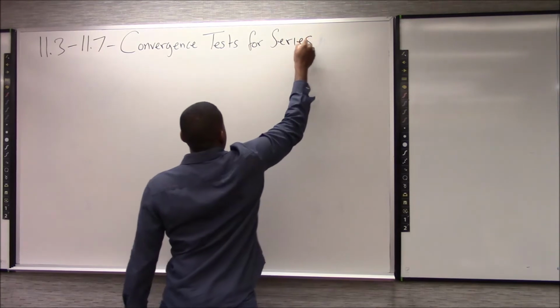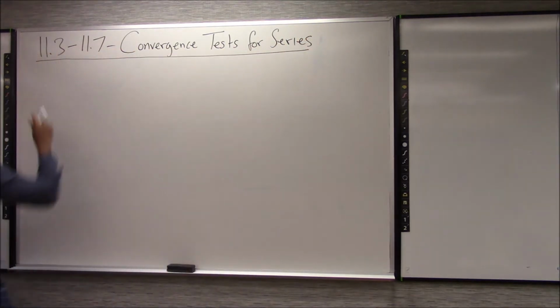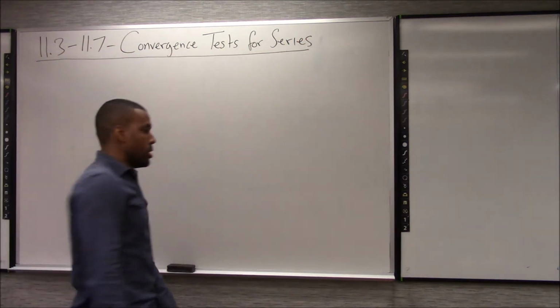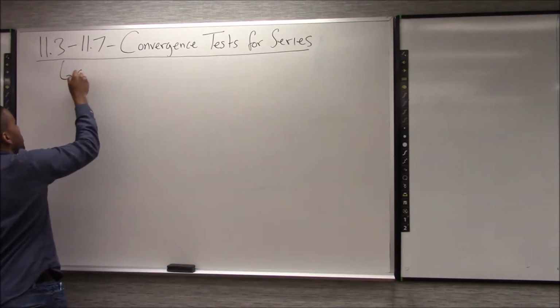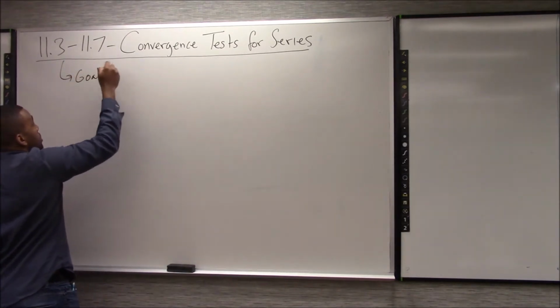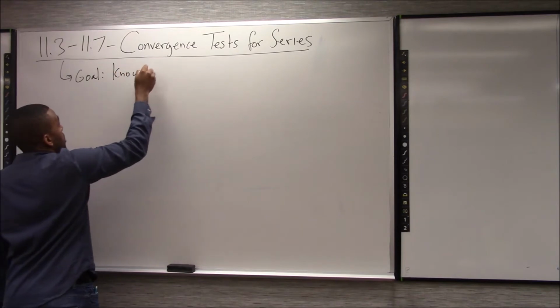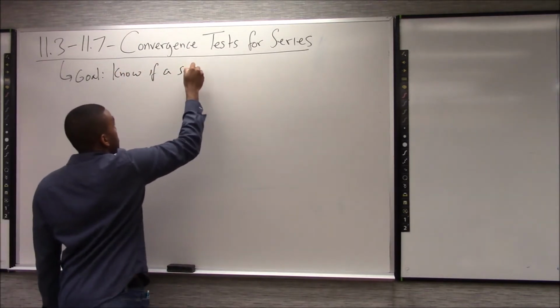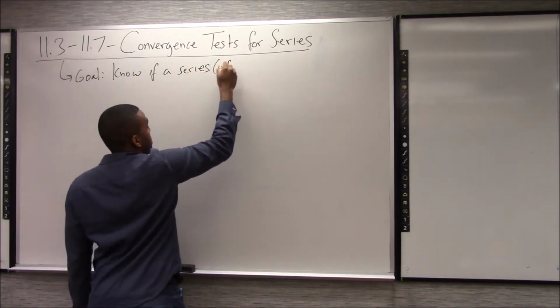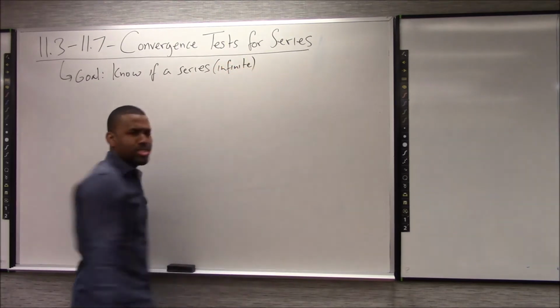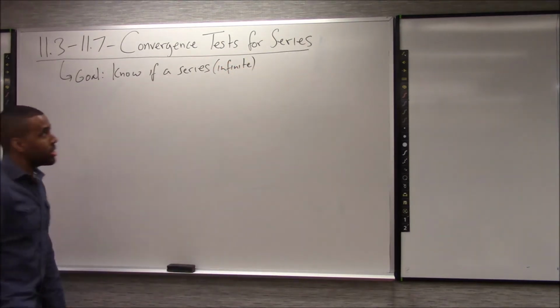And the goal of these sections, we're going to do it all at once because it's really summarized in that table I gave you. And the goal here is to know if a series, of course usually the infinite series because the finite series always converge, right? You just add up the numbers and you get it.